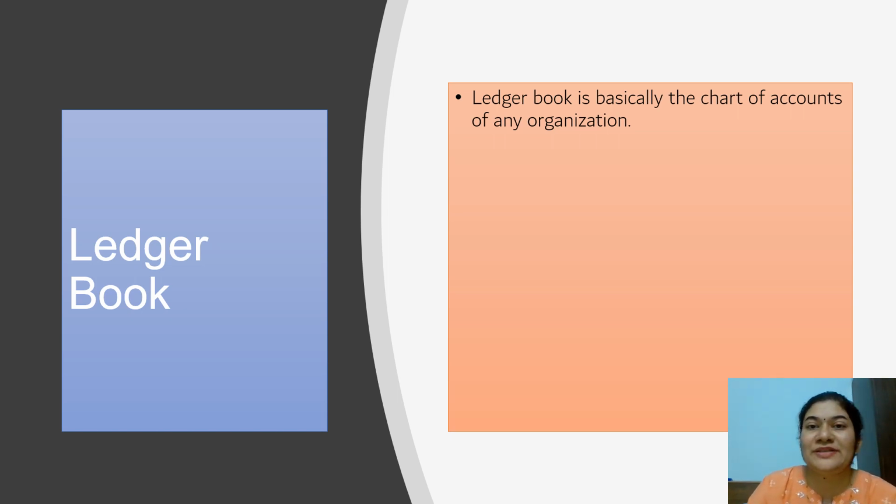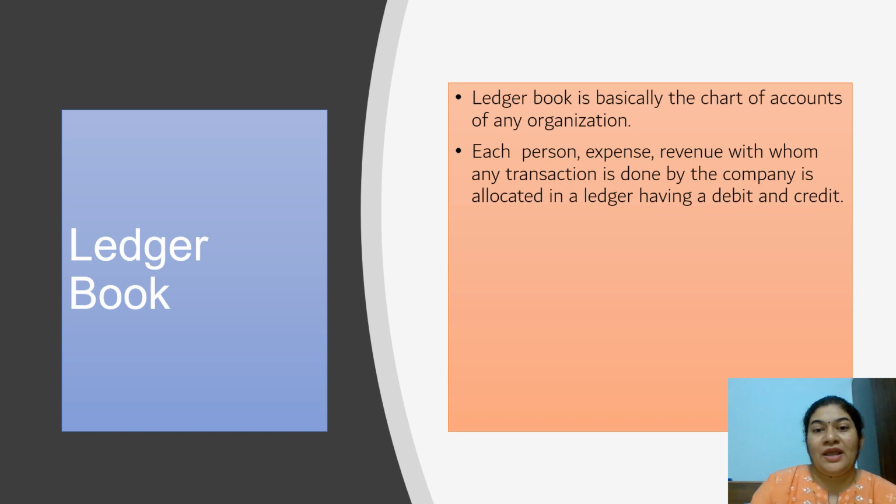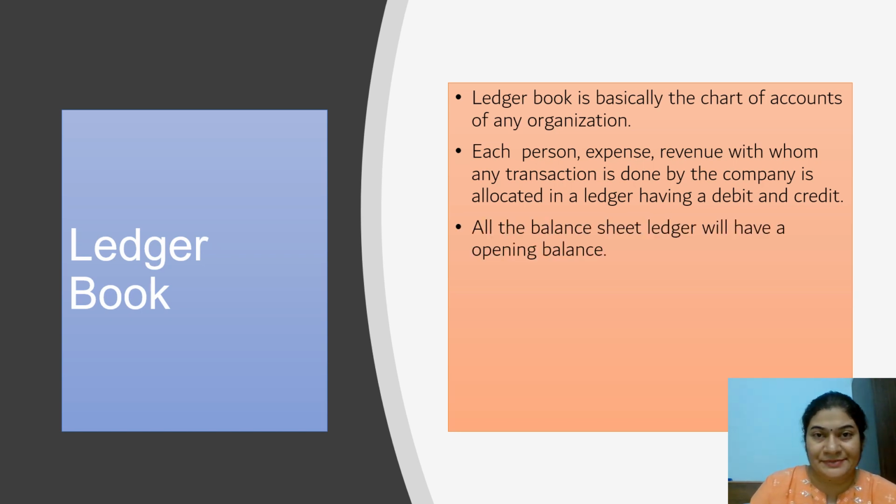Ledger book is basically the different types of accounts, or chart of accounts, which an organization has to maintain. Each person, each expense, each revenue, or whatever transaction you do in the day-to-day business of a company, each and every one will have a separate ledger account having separate debit or credit entries.